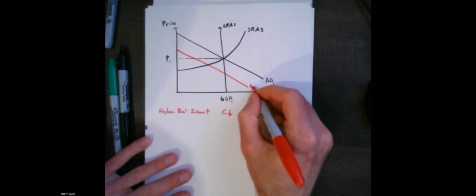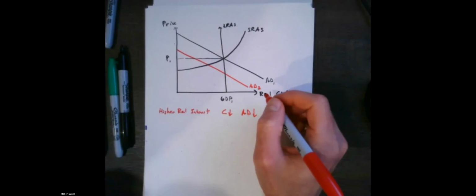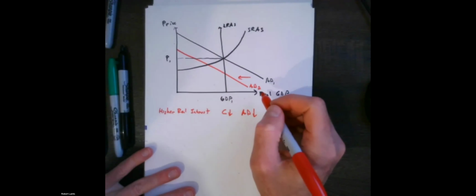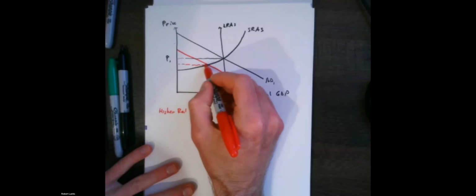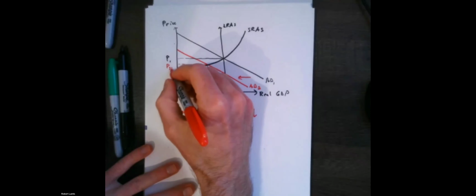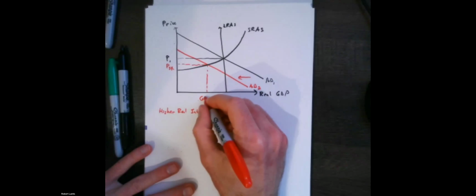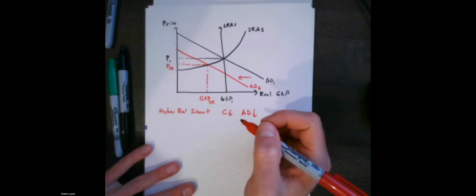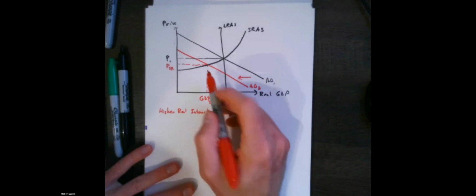So if that happens, here's our aggregate demand. It's now decreased, shifted to the left. Where is our short run price and our short run GDP? Here's my new short run price and here's my new short run GDP.